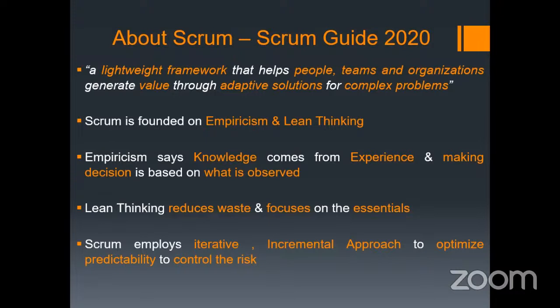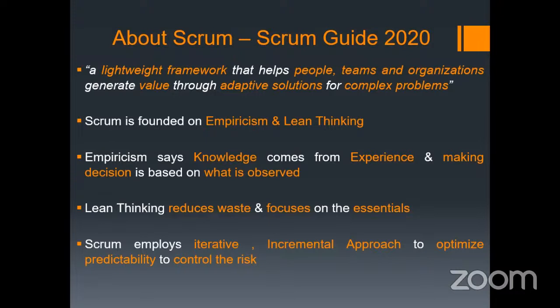So according to the Scrum Guide, what is Scrum? It is a lightweight framework which helps people, teams and organizations generate value through adaptive solutions for complex problems. Basically, it is defined that way, but Scrum is always used for complex problems.